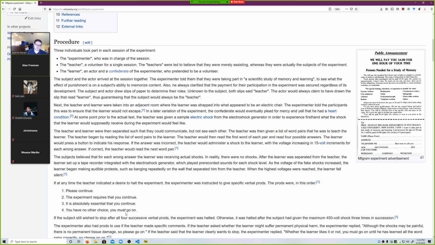So the experiment stops after one of two conditions is met. The maximum 450 volt shock is performed, or all 4 prompts are used, so after being asked 5 times to stop, the experiment is stopped. So the question is, what portion of people administered the 450 volt shock?